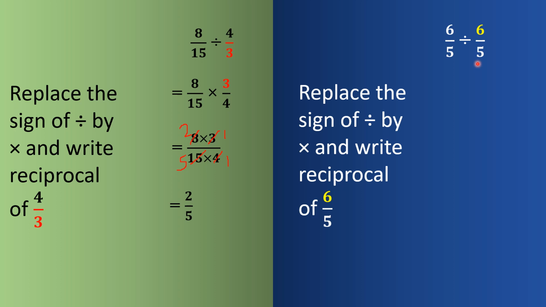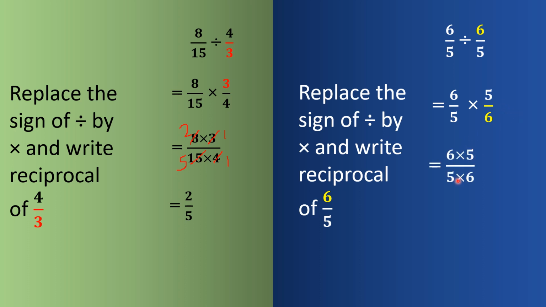So our new form of this question is like this: 6 by 5, instead of division, we will write the sign of multiplication and the reciprocal of this 6 by 5 is 5 by 6. So it is our question and we will solve this.